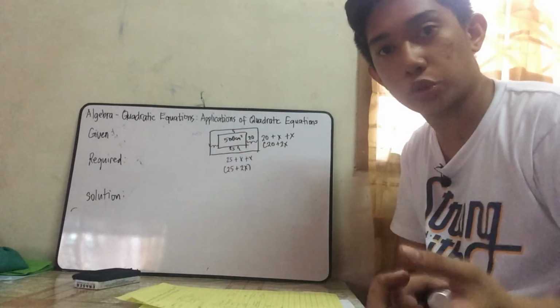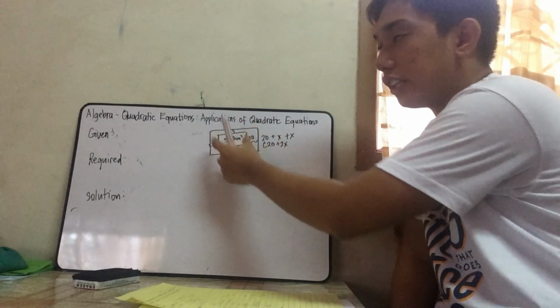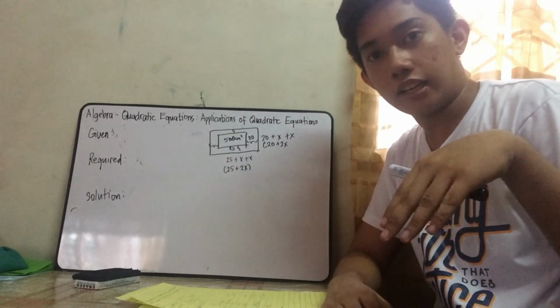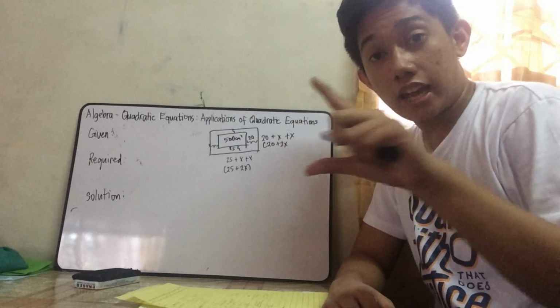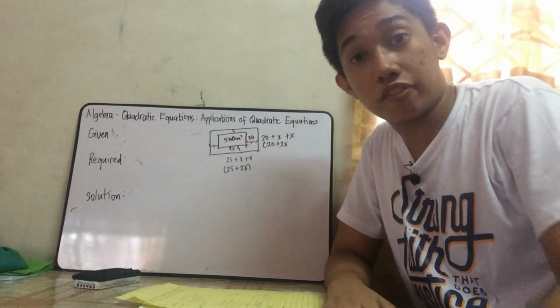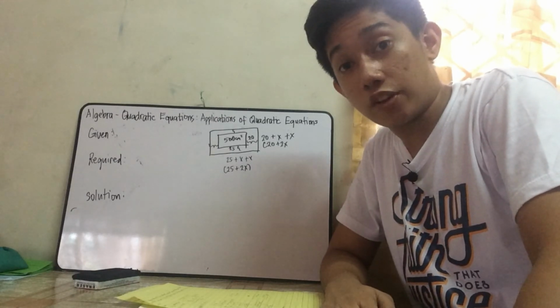So, there is a rectangle, then merong inner rectangle. The outer rectangle is the frame, and the inner rectangle is the photograph. Sinabi ang dimensions is 25 by 20 cm. So, we expect that the area is 500 cm squared.